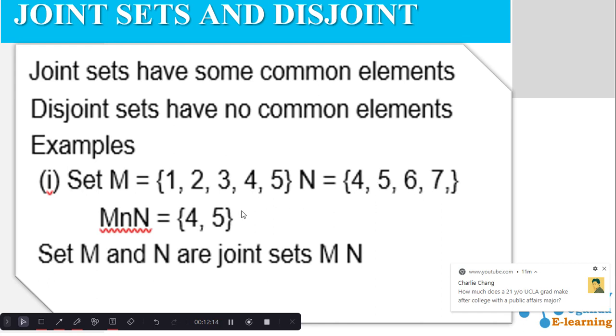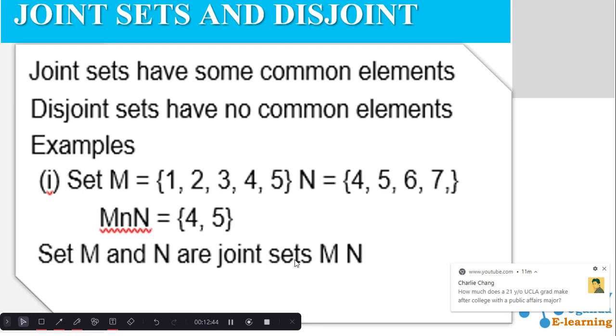We are able to identify the common members within the set. Then we are able to say that M intersection N is equal to those members. Because a joint set is a set with members in common, this is a joint set.